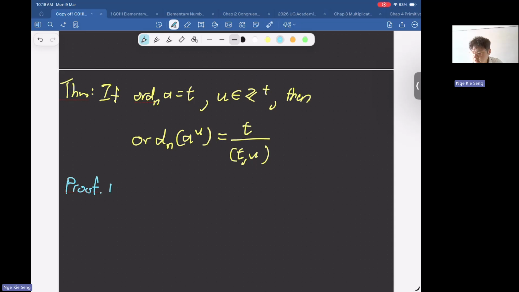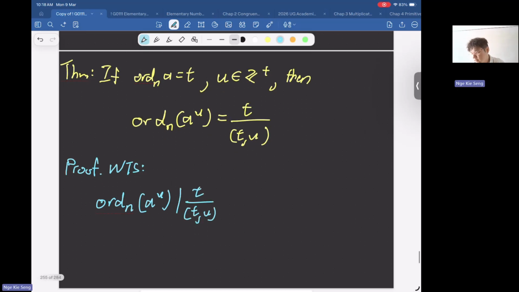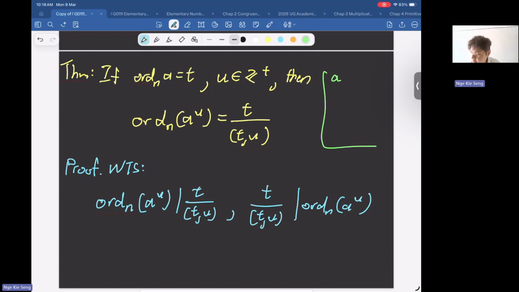We are going to use this strategy: the order of a^u will divide t over the gcd of t and u, and the other way around, t over the gcd of t and u will divide the order of a^u. Here we say that if a divides b and b divides a, this will imply that a equals b. And this is what we want.